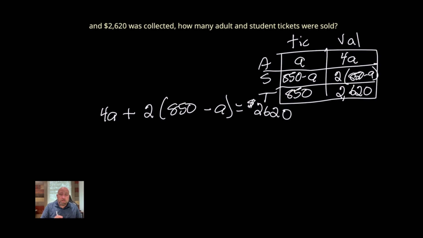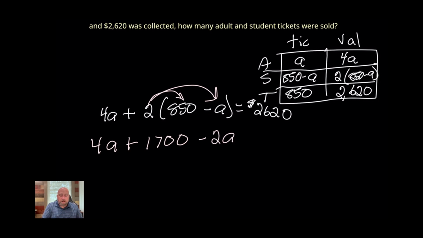Now what we want to do is just go ahead and solve this. We're just going to go through our steps that we know how to do. Let me change the color here quick so you can see what's going on. We're going to distribute this first. All right. And so we get 4A plus 2 times 850 is 1,700 minus 2A. 2 times A is 2A, equals $2,620.